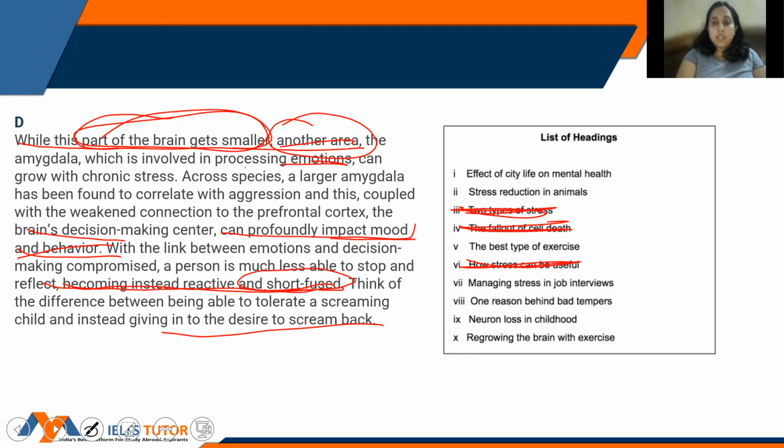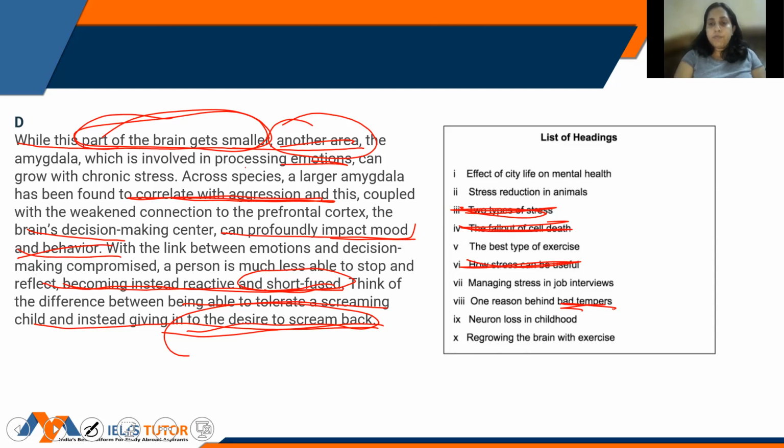Short fuse means aggression, correlated with aggression. Being able to tolerate a screaming child and instead giving into the desire to scream back. They're talking about bad tempers.